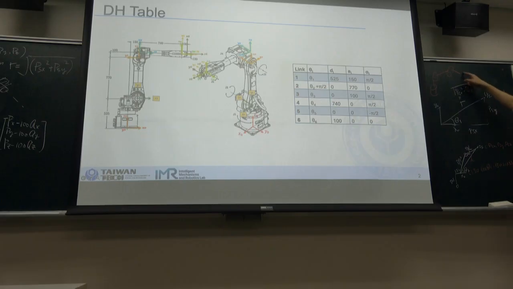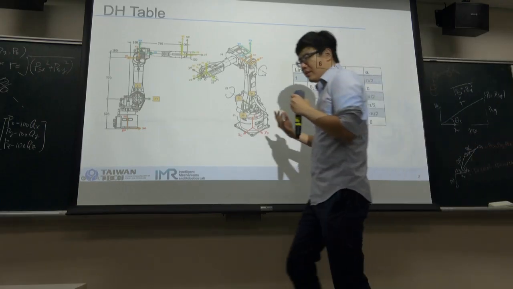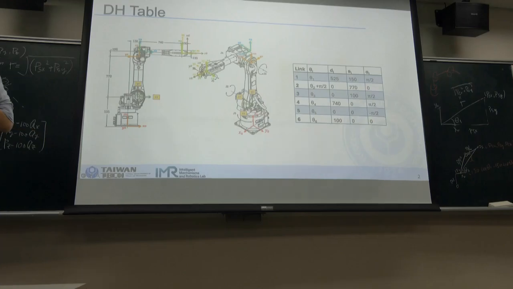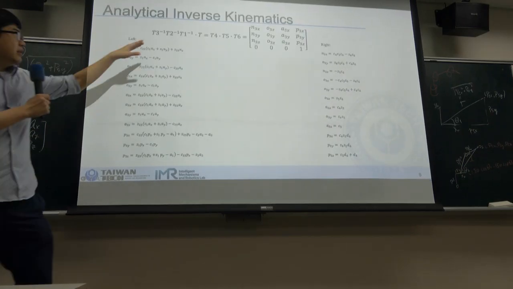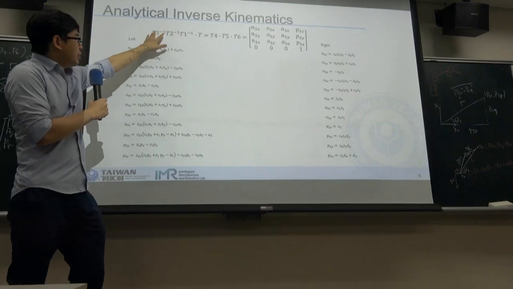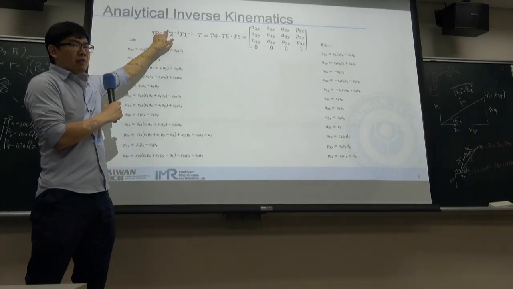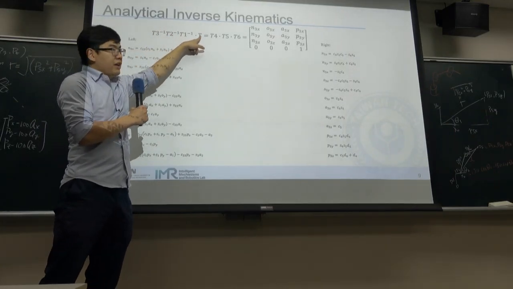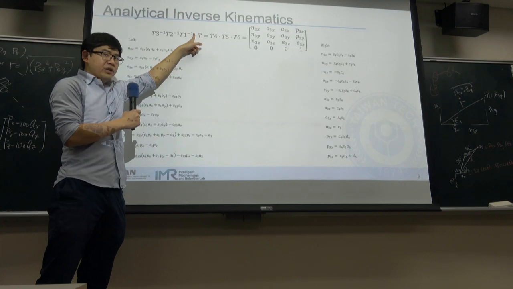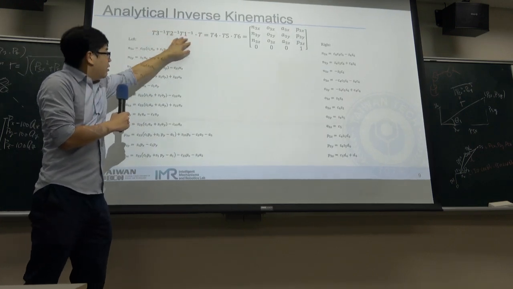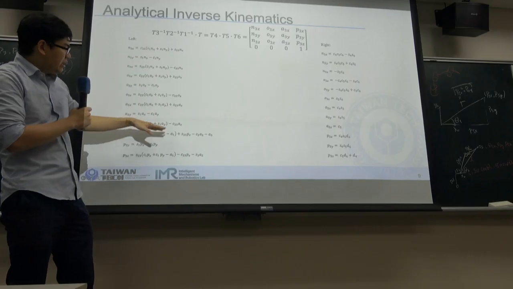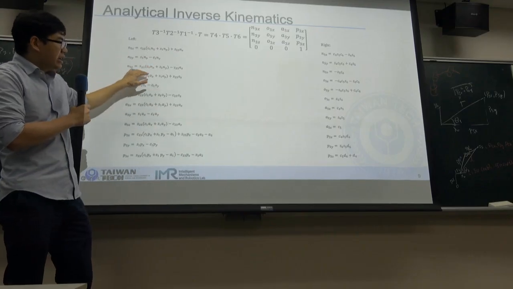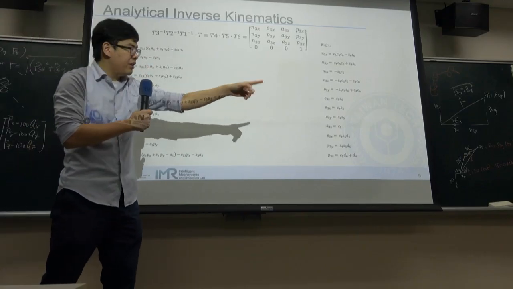And for the wrist parts, the easier way is to use this equation, because we already know these 3 variables, and this is the given matrix. So these are all known values. You don't need to really calculate the equation, because you already know theta 1, theta 2, and theta 3.